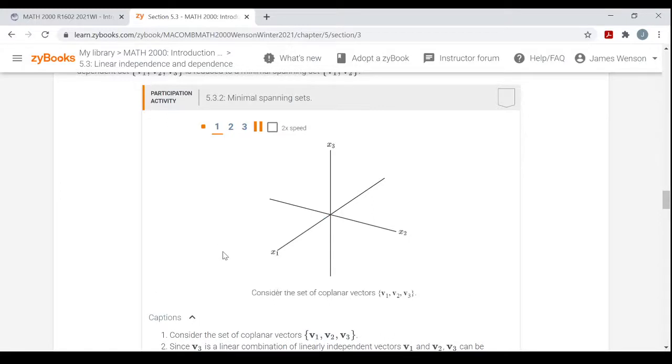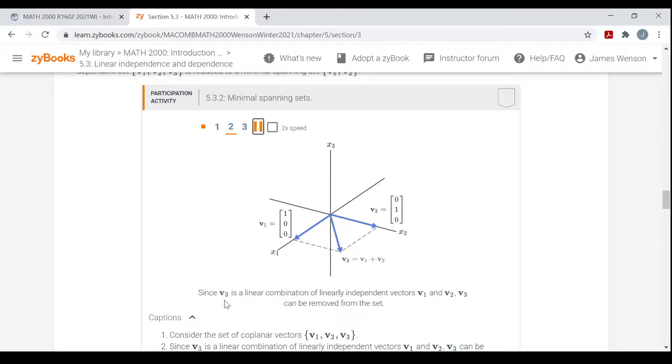So here we have, consider the set of coplanar vectors. So we have v1 = (1, 0, 0), v2 = (0, 1, 0), and see how v3 is just (1, 1, 0). v3 is just a combination of v1 and v2.